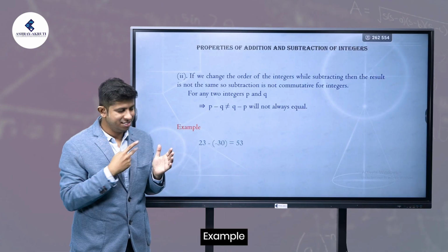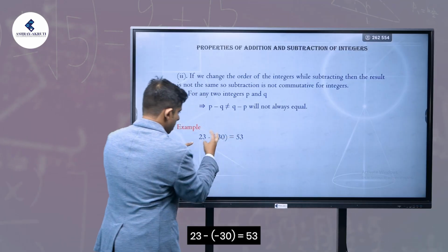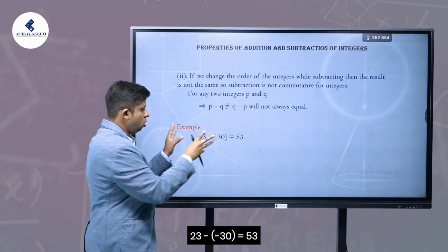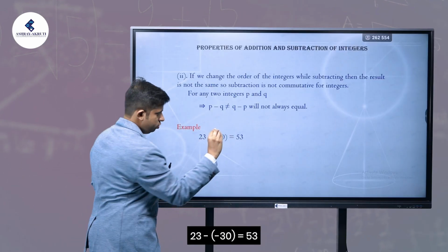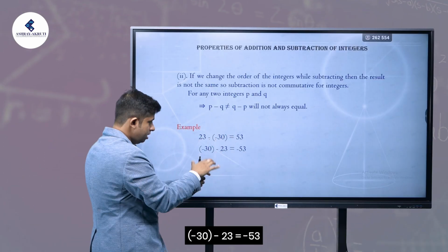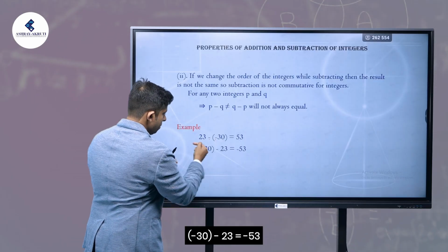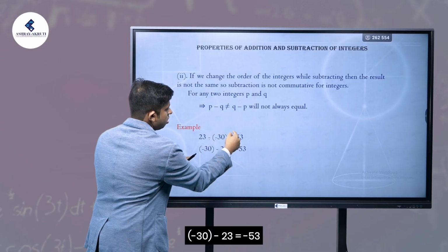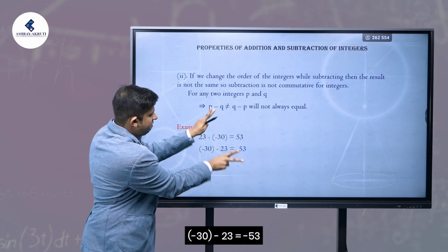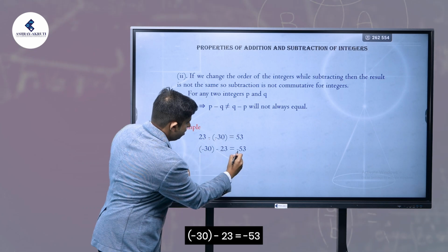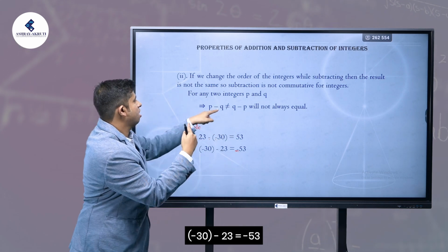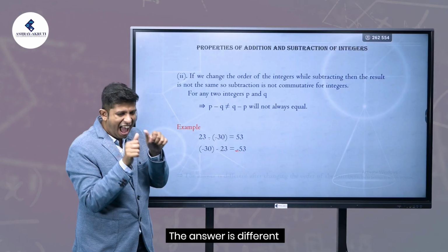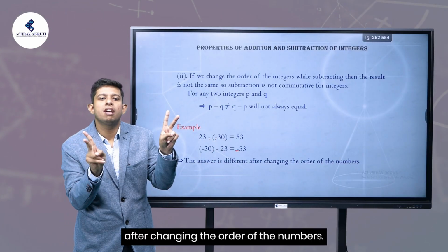Example: 23 minus -30 is equal to 53. -30 minus 23 is equal to -53. The answer is different after changing the order of the numbers.